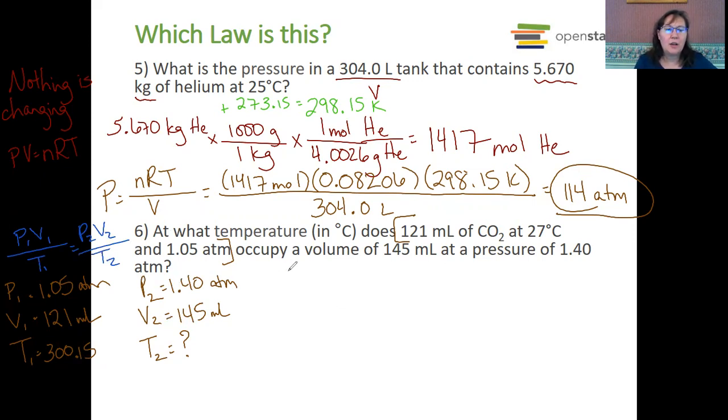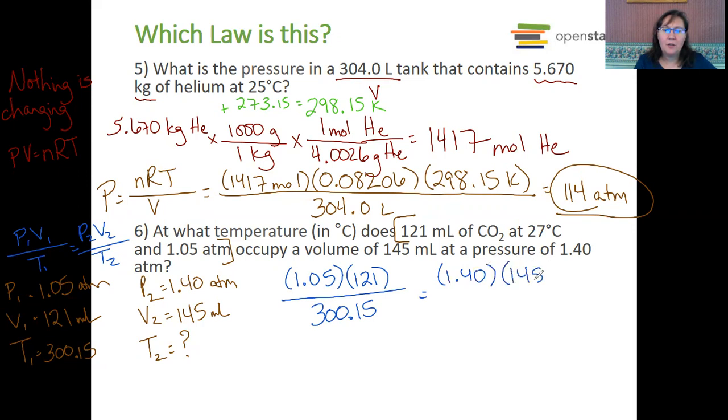So now I'm going to start putting all this in. So I have 1.05 times 121 divided by 300.15 equals our P2, 1.4 times our V2, 145, all over T2. Okay, well, we can set this up to cross multiply once again, and it works like this.